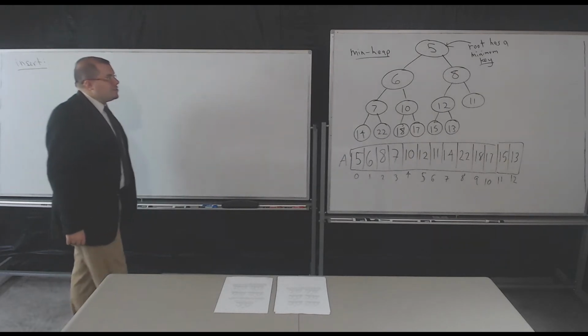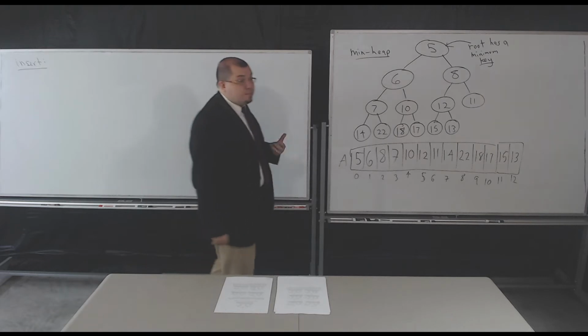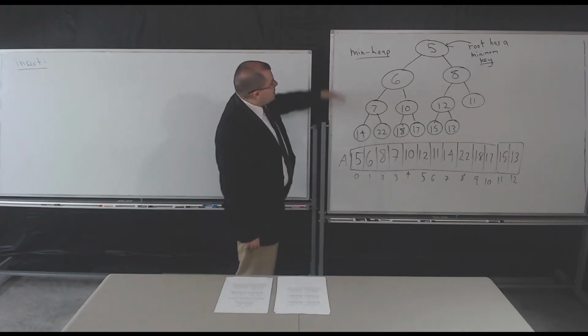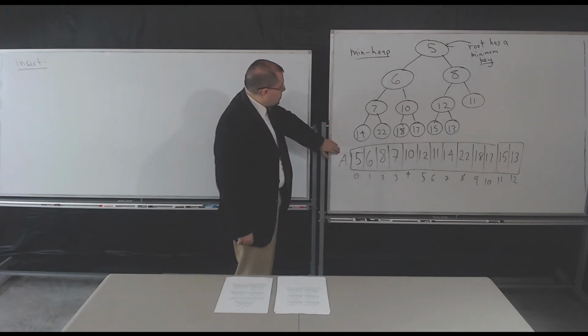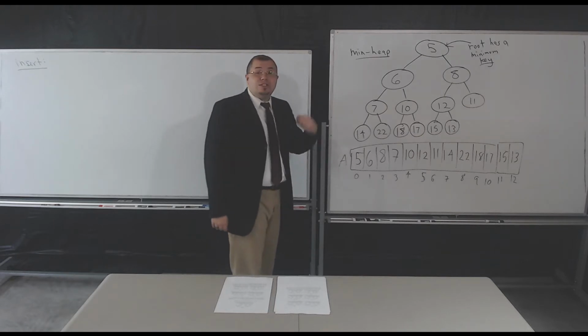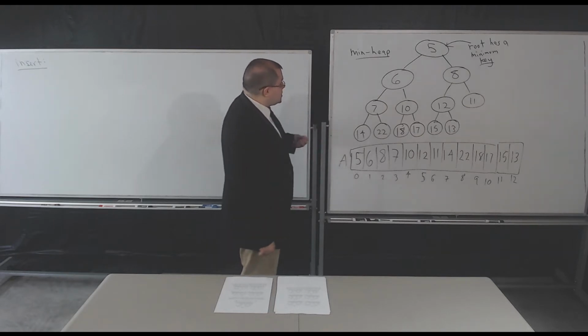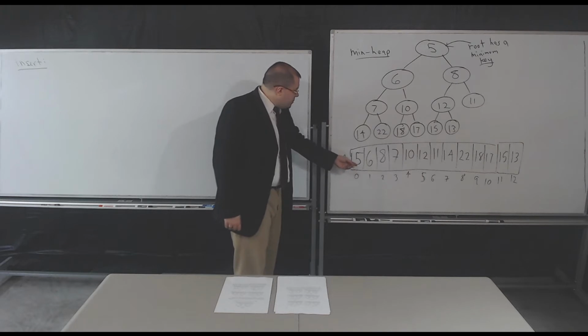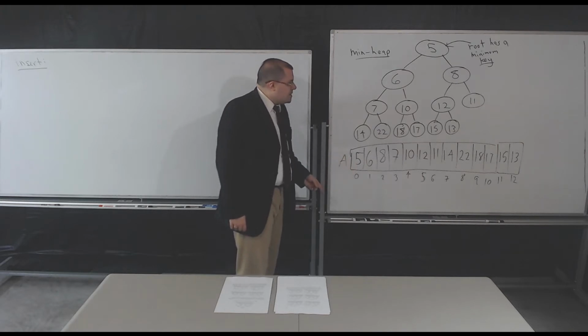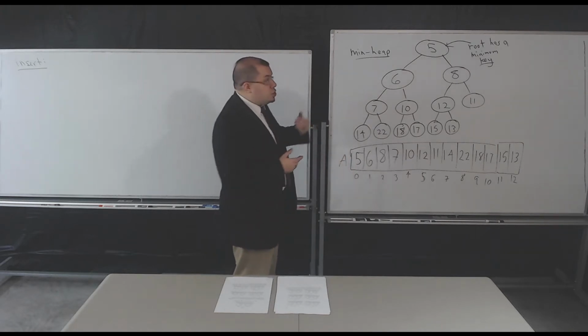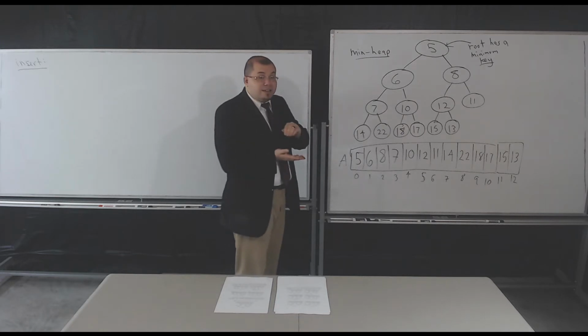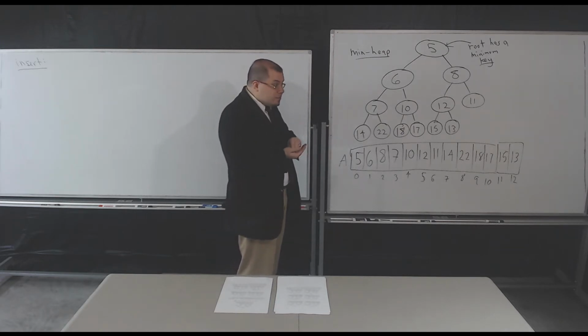So last day I told you that we're going to be implementing a heap using an array. We can index each of the positions in the array such that if the root is sitting at position 0, any left child will be 2 times whatever the position is for your node at a given spot, plus 1.